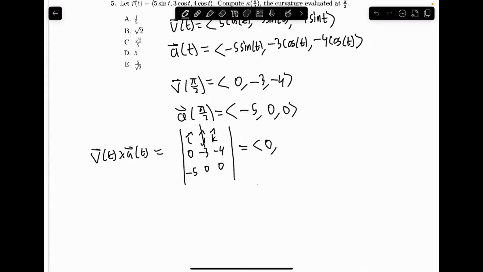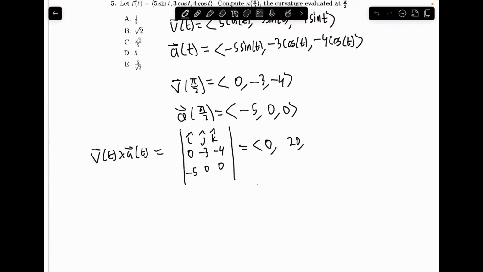And for the second component, we do the same thing. We're going to get 0 times 0 minus -5 times -4, or -20. And for the middle component, you need to flip the sign, so that should just be a +20. Very important there, actually.